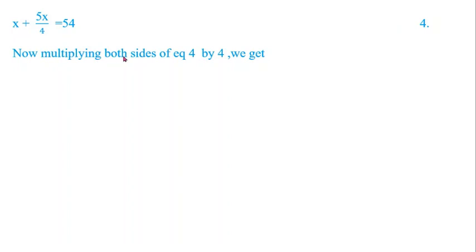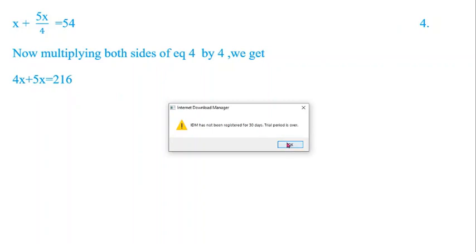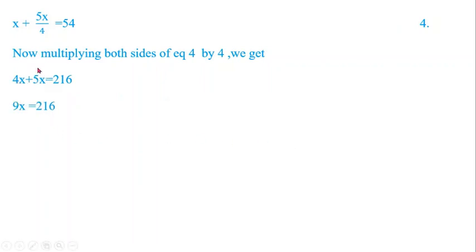Now multiplying both sides of equation 4 by 4, we get 4x plus 5x is equal to 216. Now 4x plus 5x becomes 9x. So 9x is equal to 216.